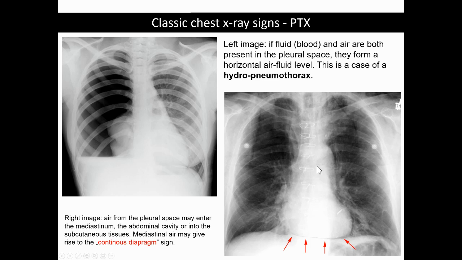for one, you can see a lot of air in the soft tissues. That's why there is this haziness around both apices and in the soft tissues.